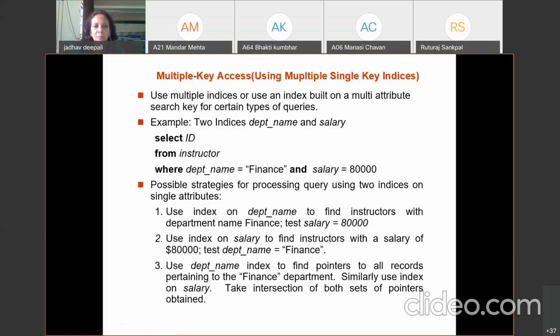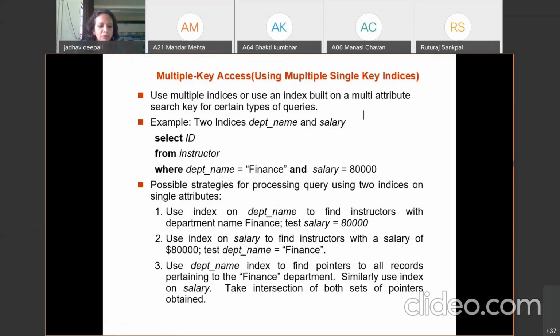First we use the department name index to find the pointers to all tuples with department name equal to finance. Suppose I write here only department name and salary.